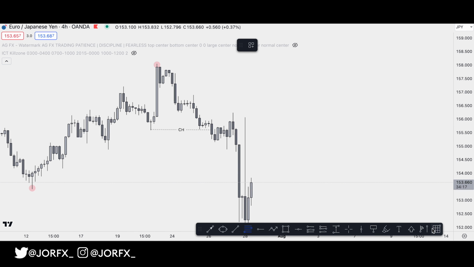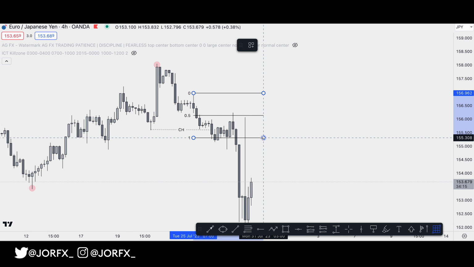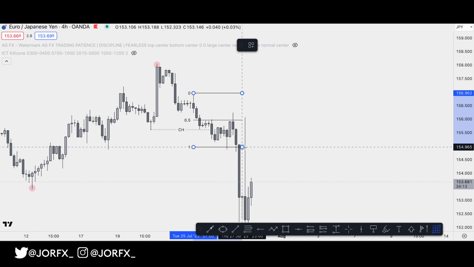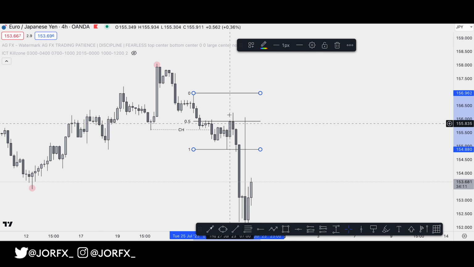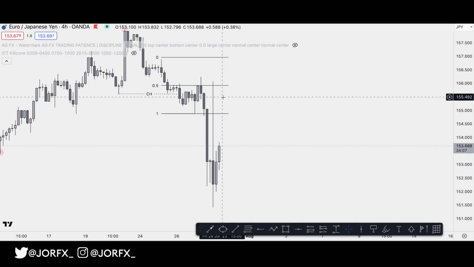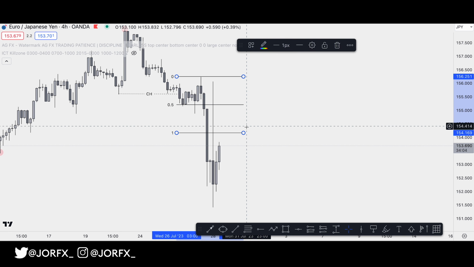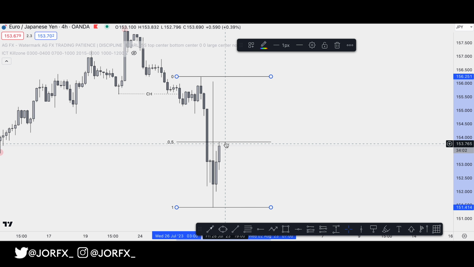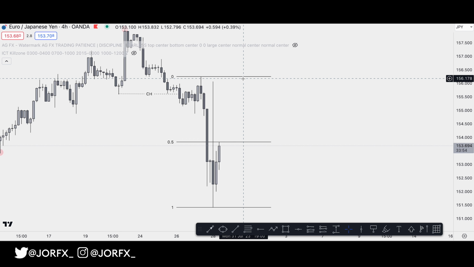Then what do we do? We take our Gann box from the high to the lowest point right here that created the pullback. Come underneath, above the 50, you take your trade lower, and bam. Then you take the highest point to the lowest point, above the 50, you take your trade, and bam. You would have probably been stopped out in this case, unless you took it right here. But again, like I said, this was a new candle.